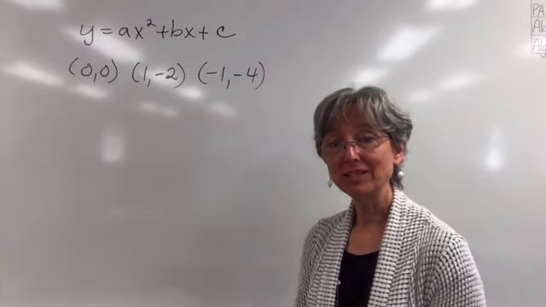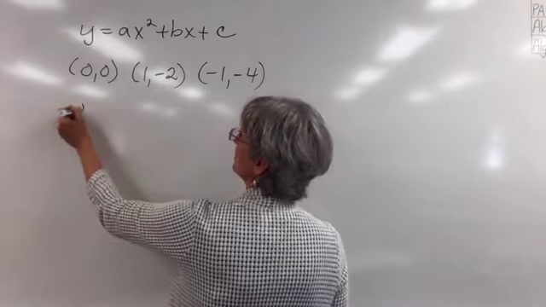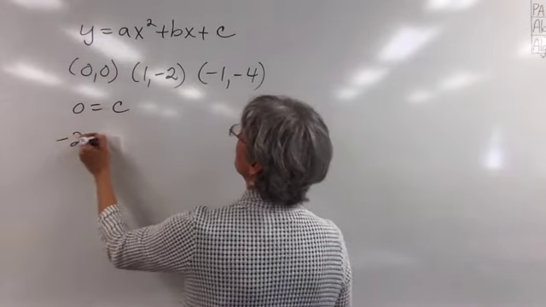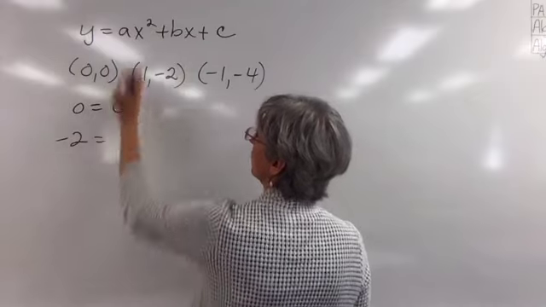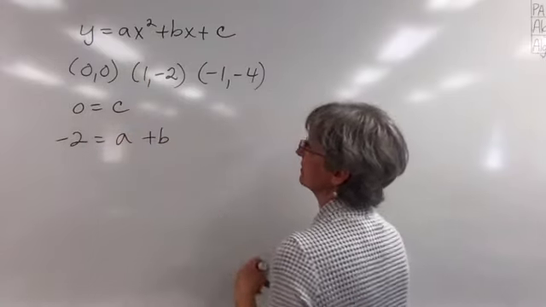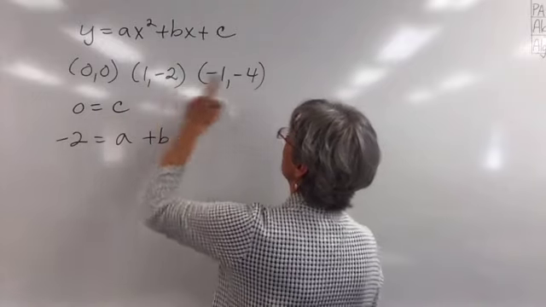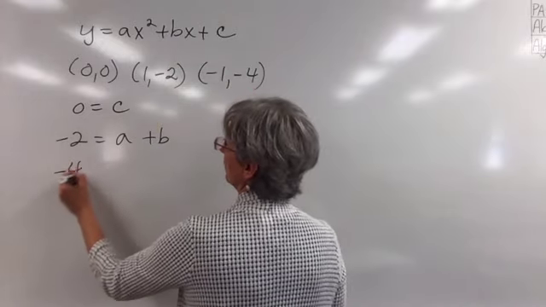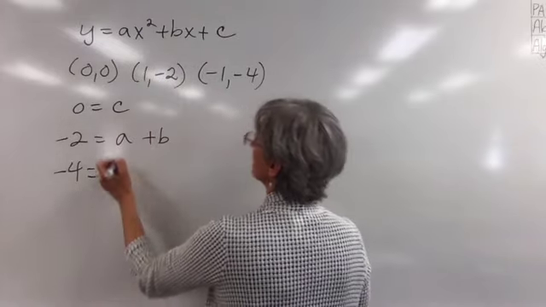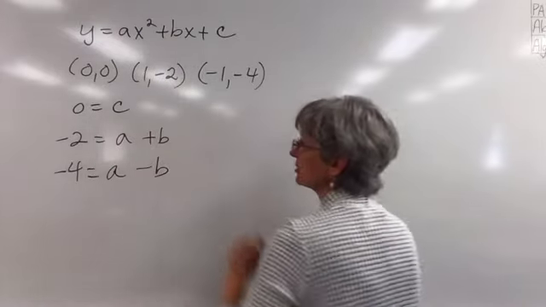Okay, so when you plugged them in, you should have got 0 equals c, and this is -2 equals 1a plus b, and then c is 0. And this one, y is -4 when x is -1, but that's squared, so that's positive a, and that's -b. This is just like the last one.